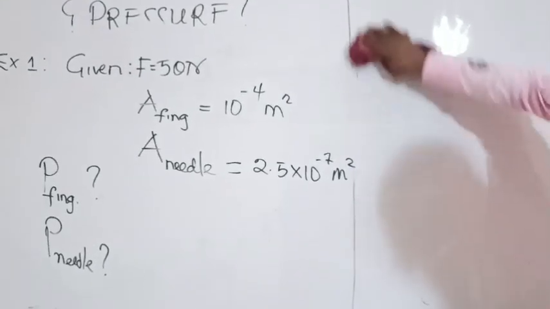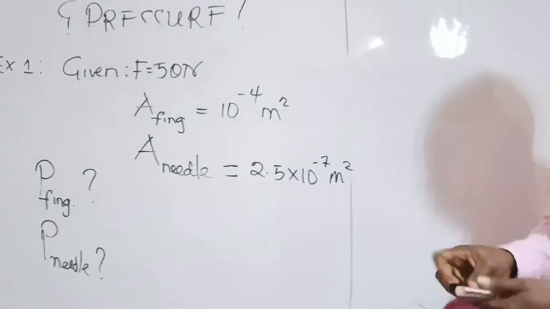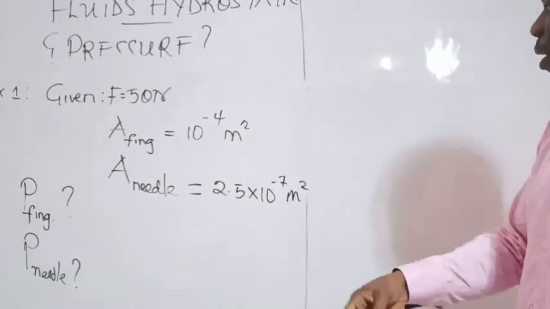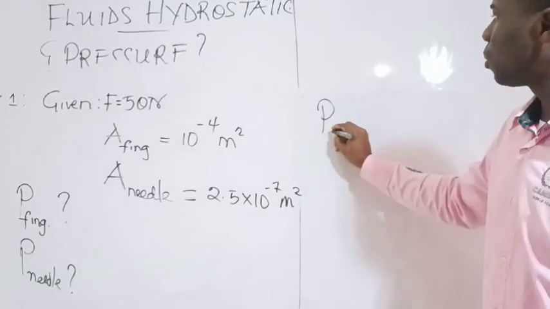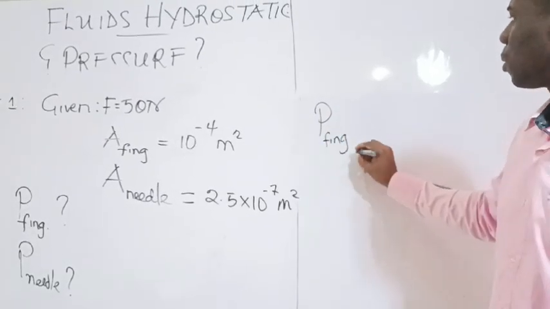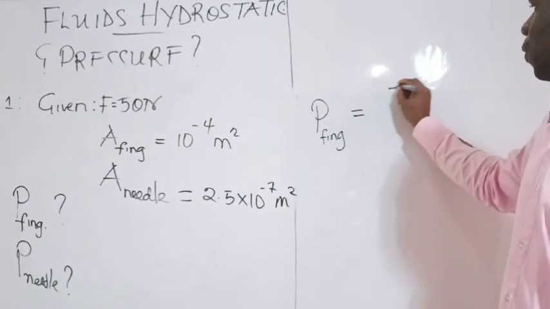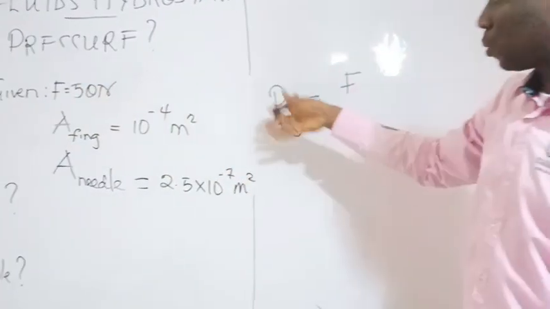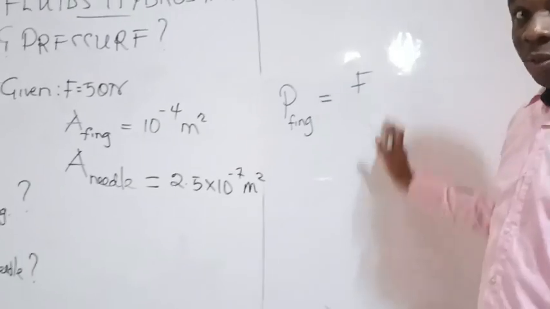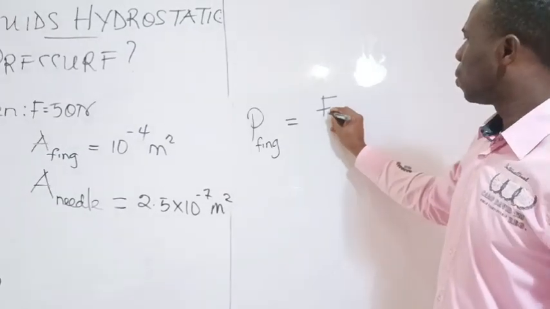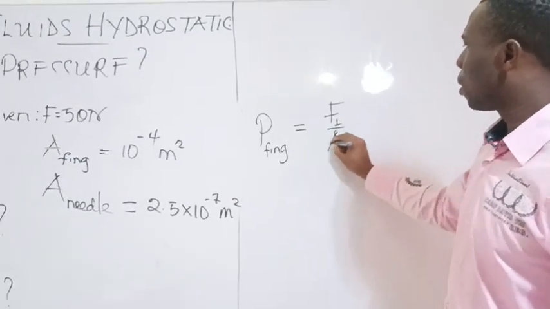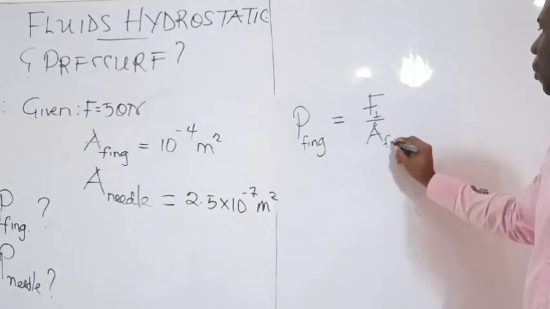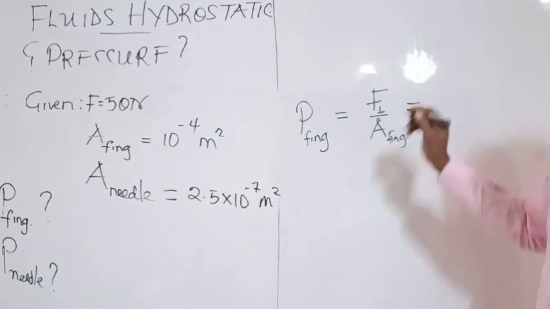Alright, so let's see this. So to start off with, the pressure from my finger on the balloon is the force, the perpendicular component of the force. I just assume it's perpendicular since there is no angle relative to the vertical axis. So per unit area, and the area now has to be the area of my finger. Now you have to take note of this.